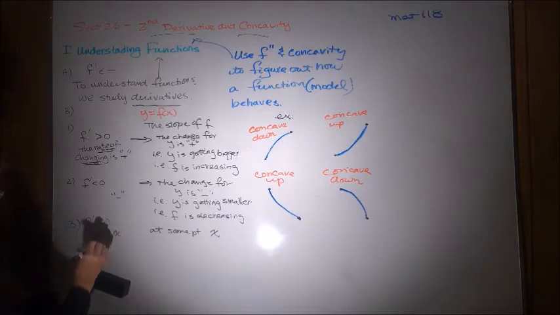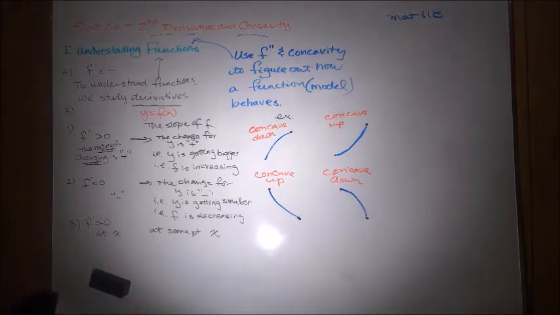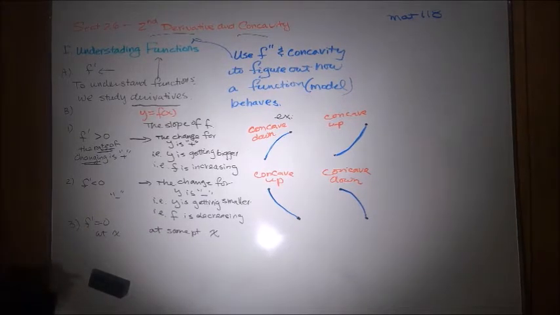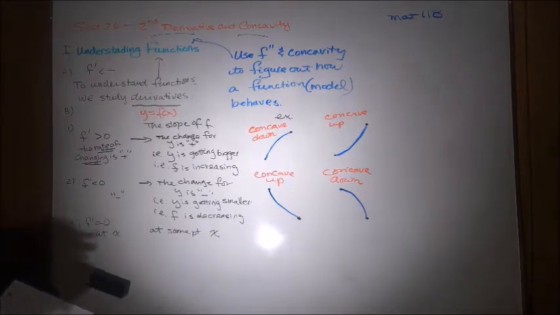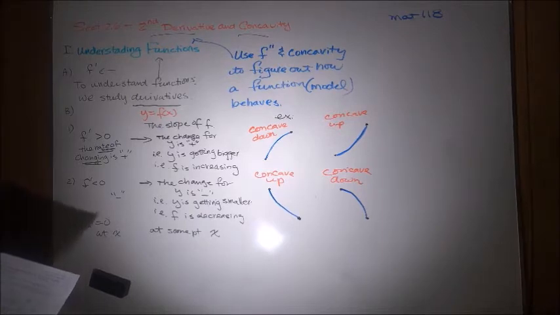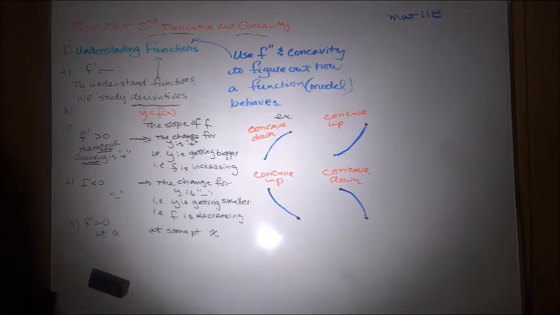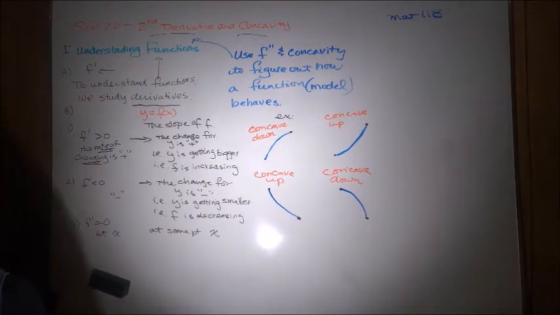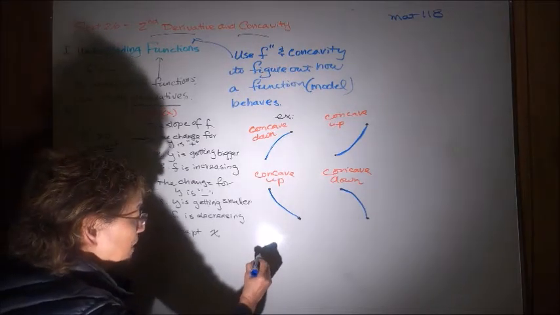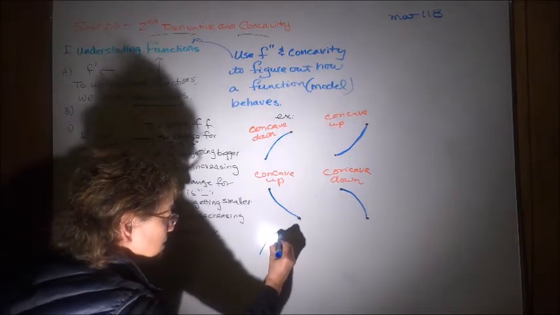Usually we talk about at some point. So it may look this way. That means the slope is 0. You may look at it like this. If you have a market that fluctuates like this.